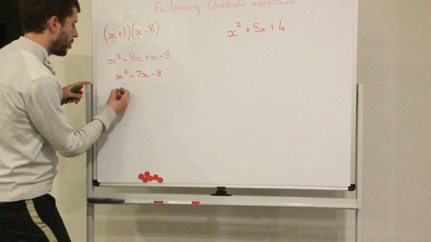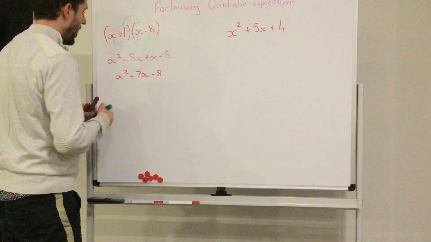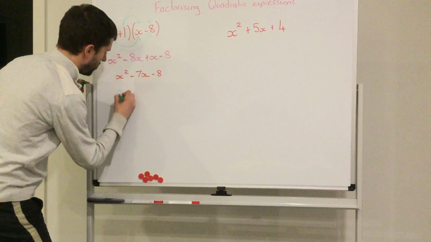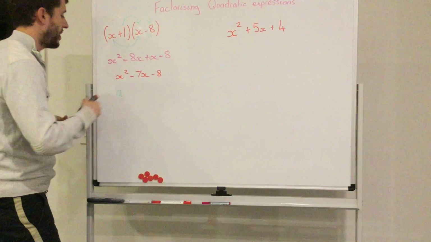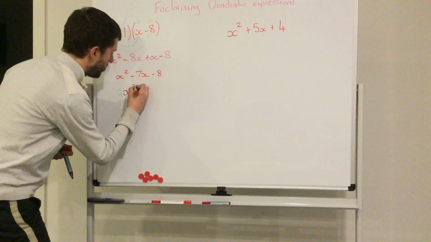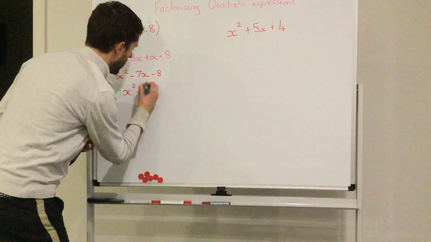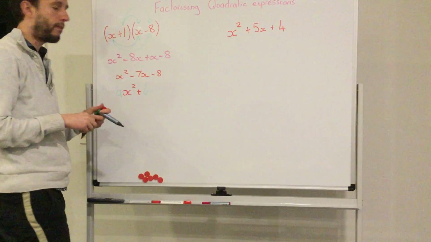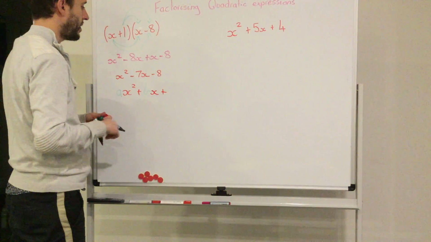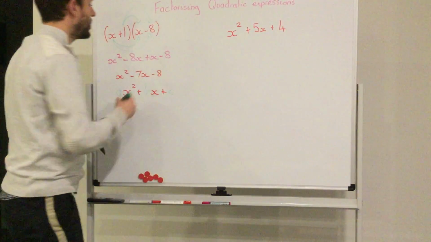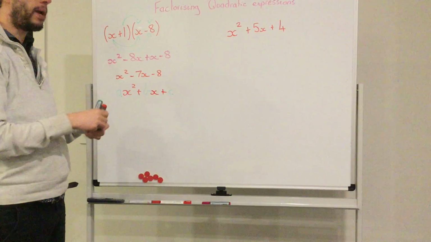A number before this would be a, and then we have it as x squared, plus b, which in this case is negative 7, plus c, which in this case here is negative 8. So that's what I want you to think about.